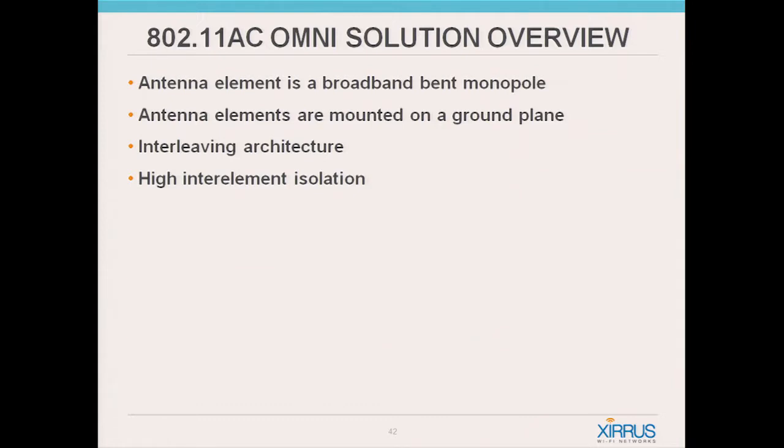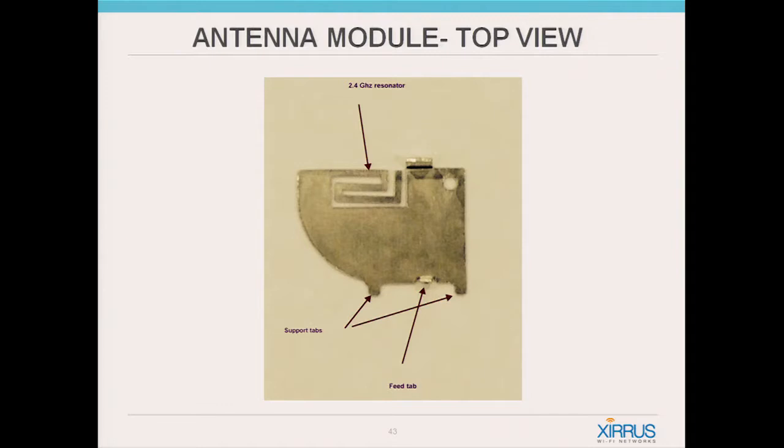The problem is it had to be OMNI. So what I've done there, first of all, this is the antenna element used. It's kind of a broadband monopole, and it needs to be mounted on a motherboard in a pick and place SMT process.